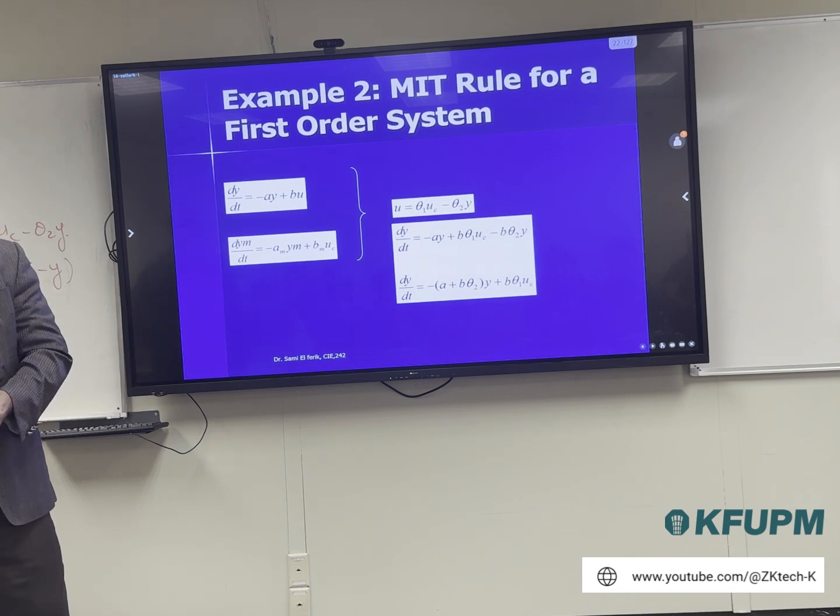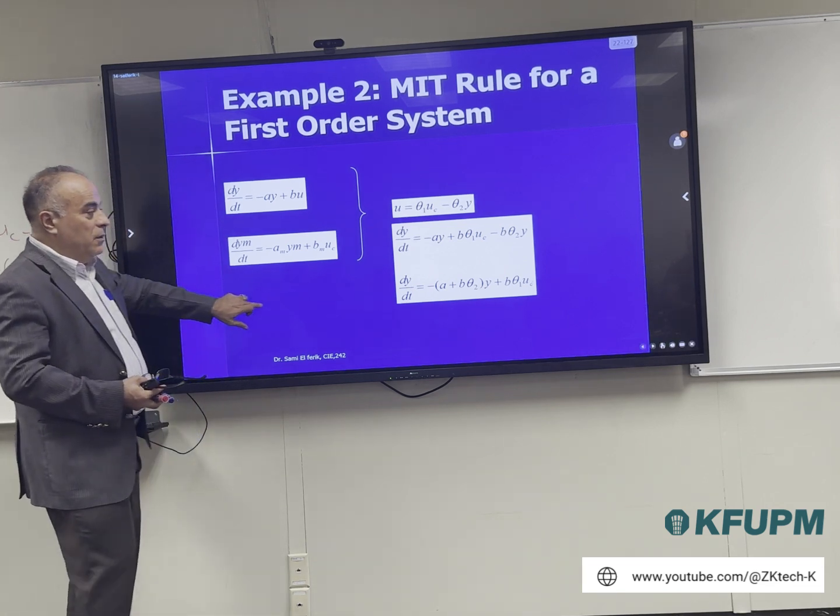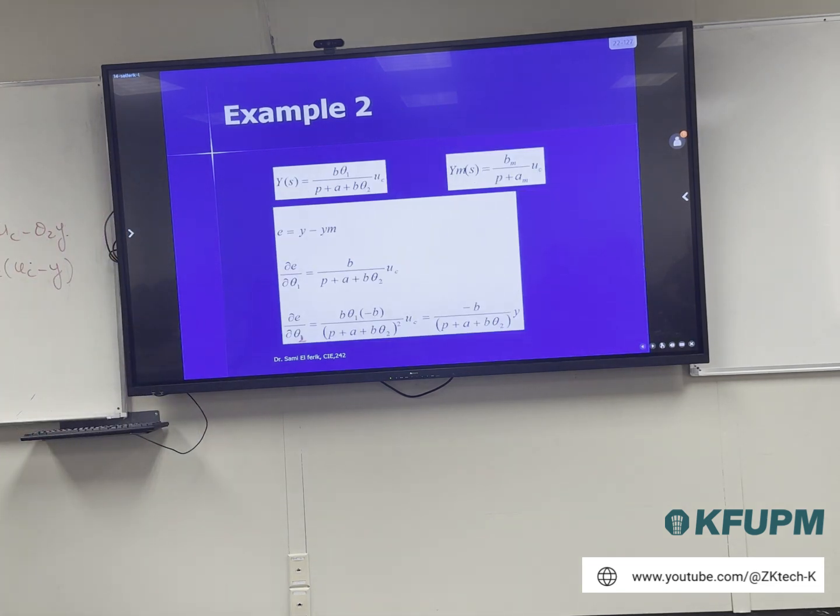Cannot be realized. Why can it not be realized? Because we don't have A and B. And now we need to make some mathematical manipulations.